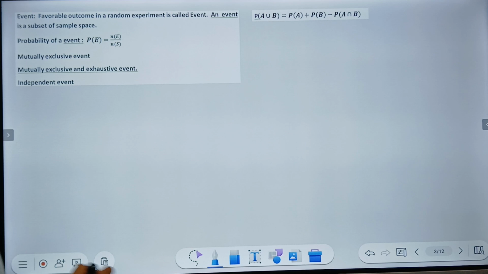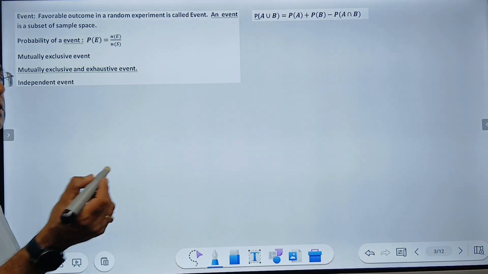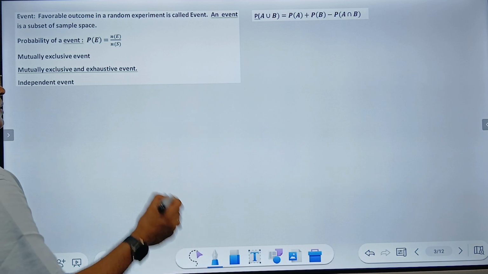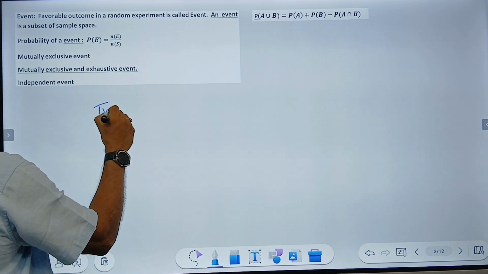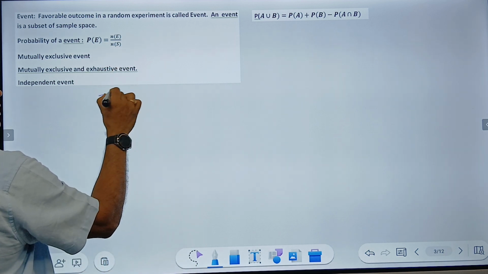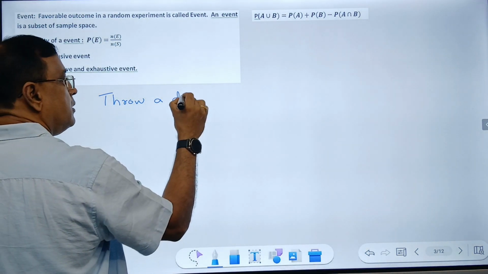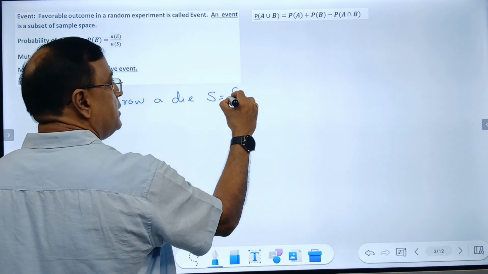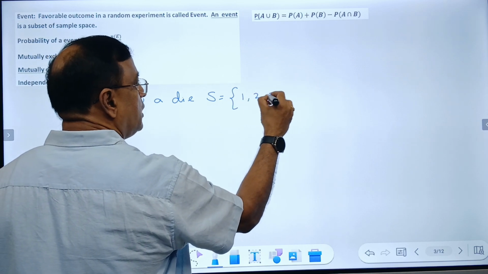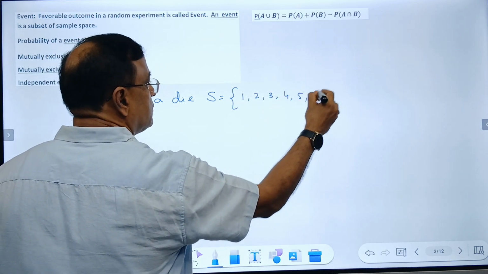Now next one. What is an event? An event is a subset of the sample space. For example, I throw a die. So what is my sample space? My sample space is 1, 2, 3, 4, 5, 6.